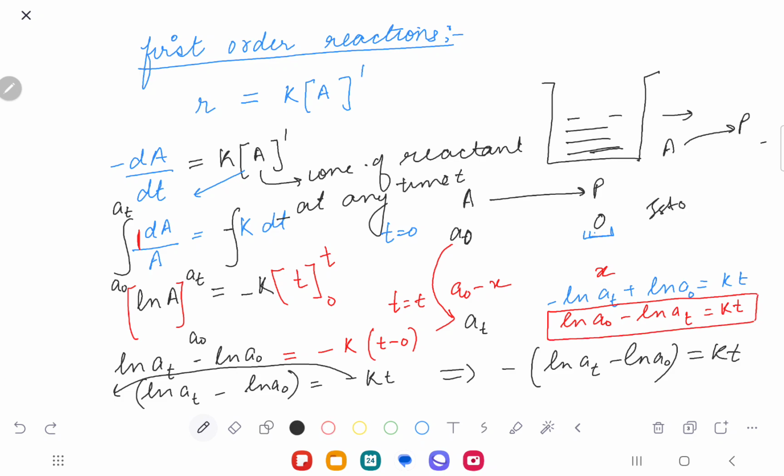What does that mean? What is the property? Log A minus log B is log A over B. I hope you're understanding.